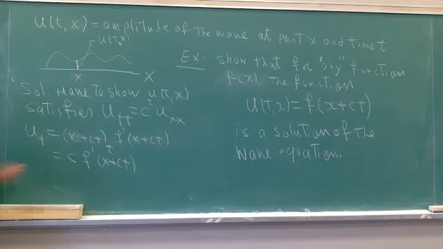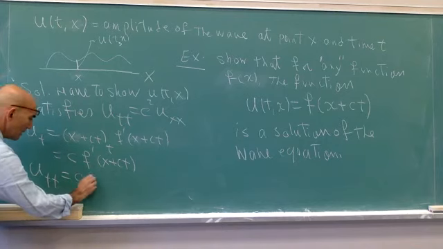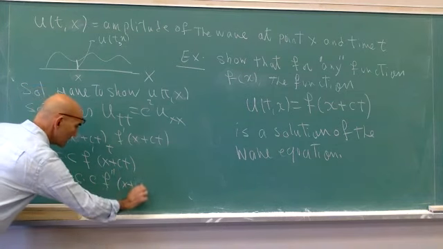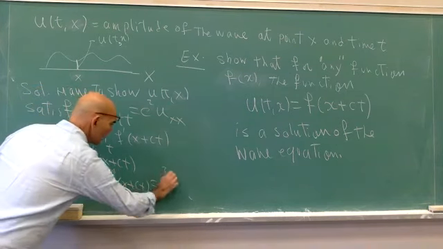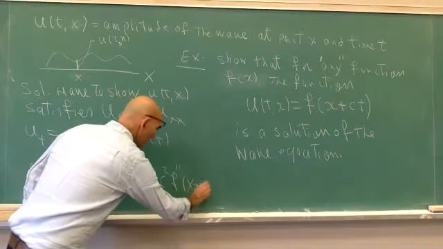Okay, well, what is u_tt? We have to do it again. This is equal to c times c times f double prime of x plus ct, that's equal to c squared f double prime of x plus ct.